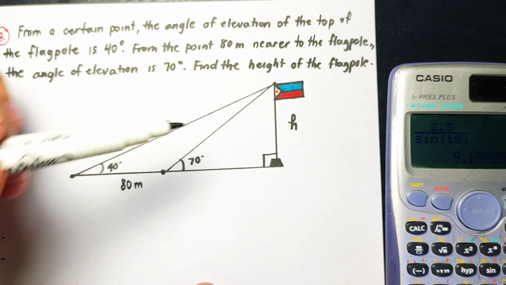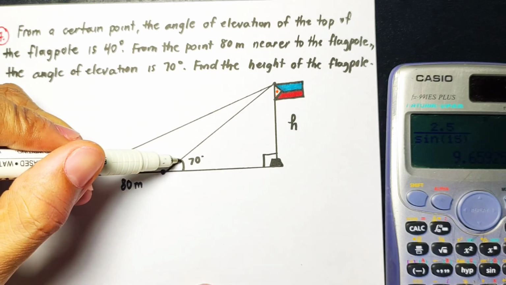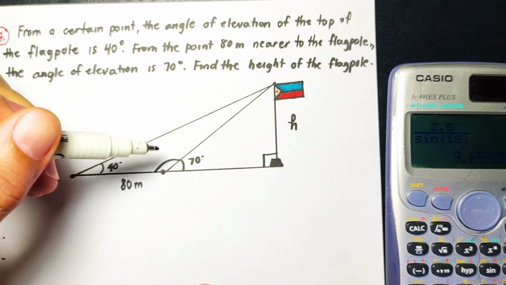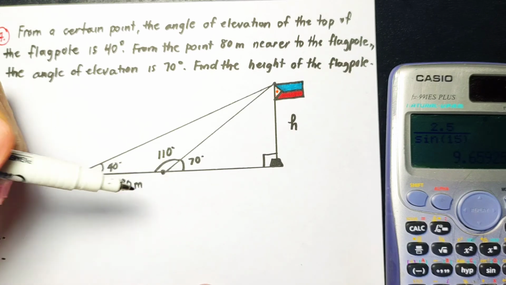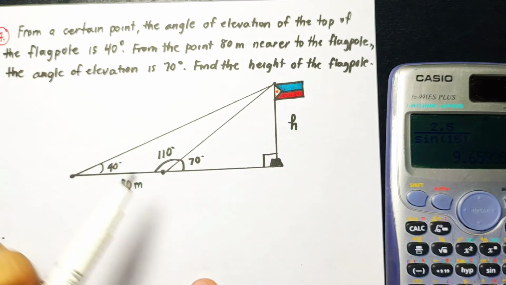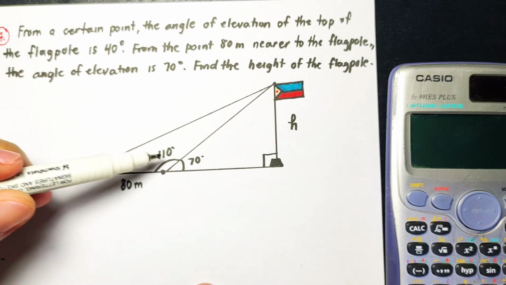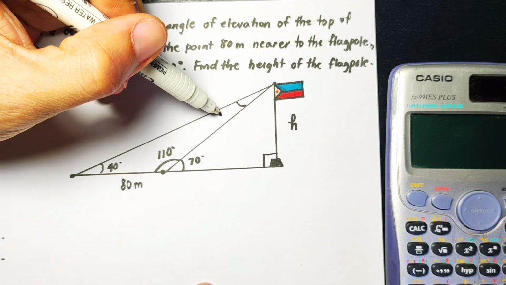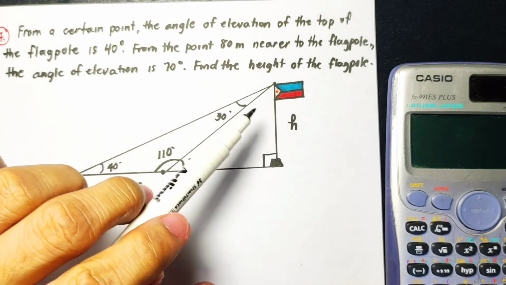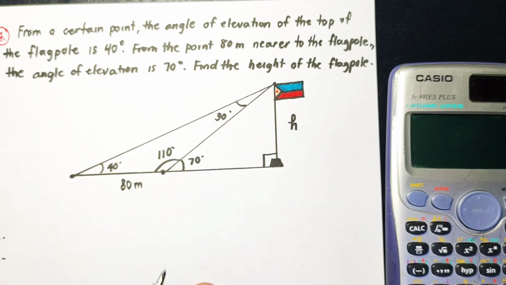If this is 70 degrees, since this forms a straight angle, this one should be 110 degrees to complete the 180 degrees, since the measure of a straight angle is 180 degrees. If this is 40 and this is 110, adding them gives 150. We need 30 more degrees, since the sum of the interior angles is 180 degrees, so it must be 30 degrees. Now, what are we going to do next?